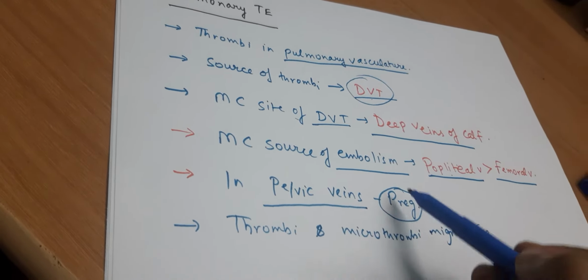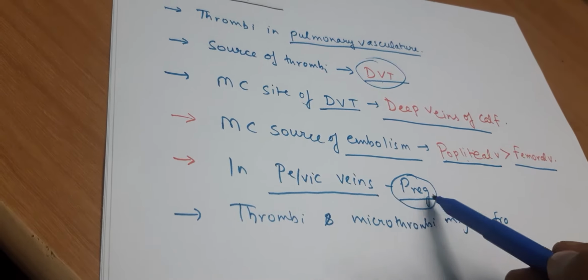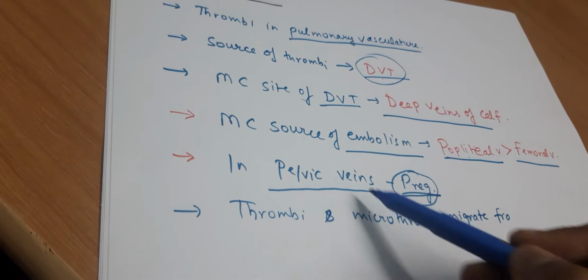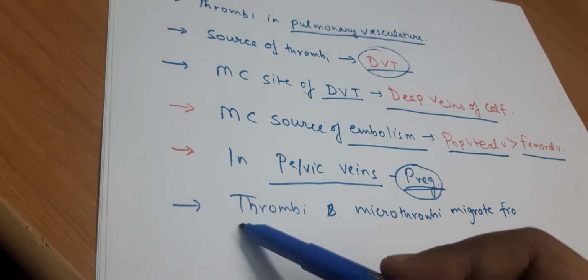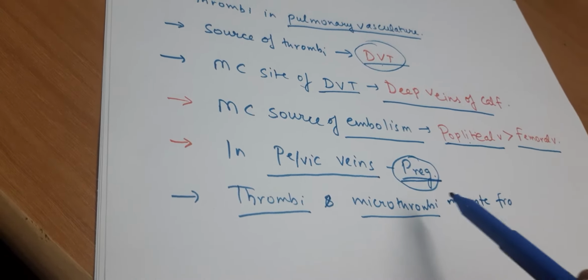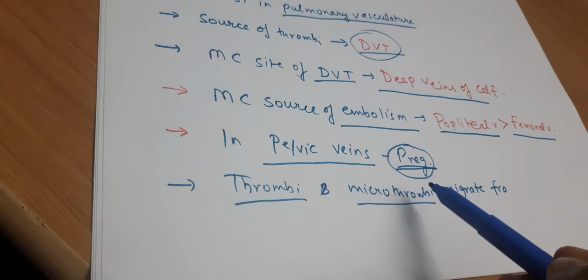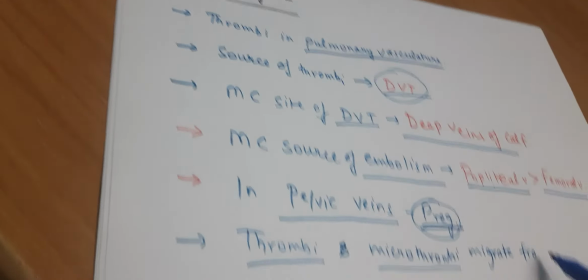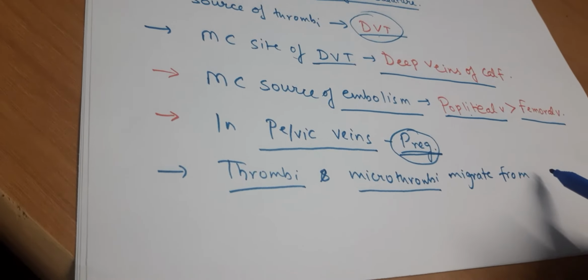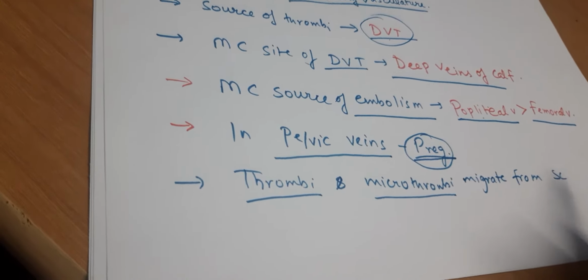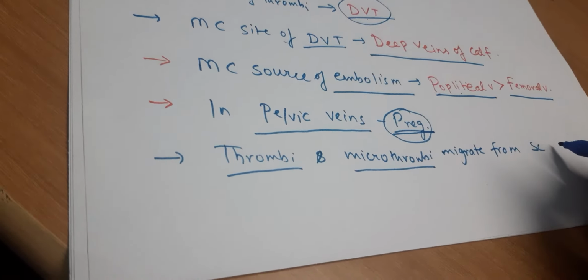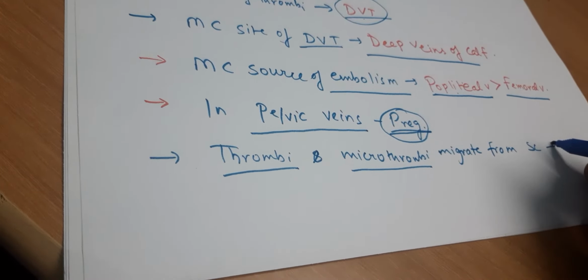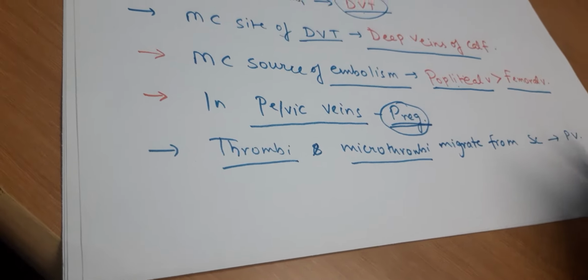All right. So in pregnancy there is also embolism in the pelvic veins. Thrombi and microthrombi migrate from the systemic circulation to the pulmonary vasculature.